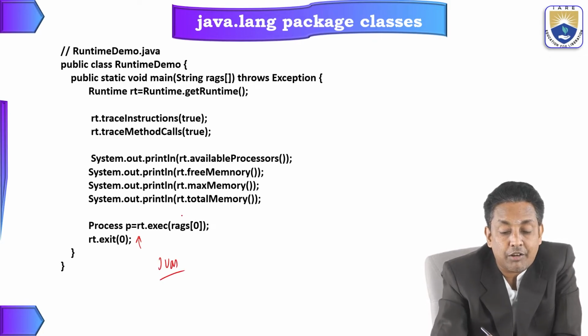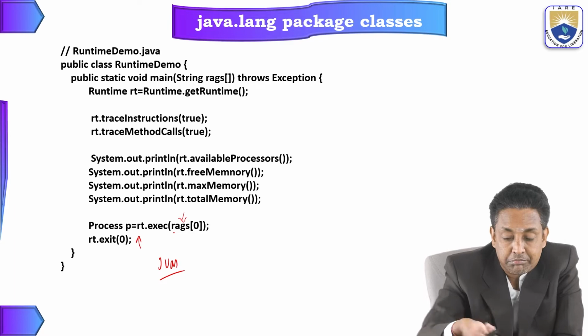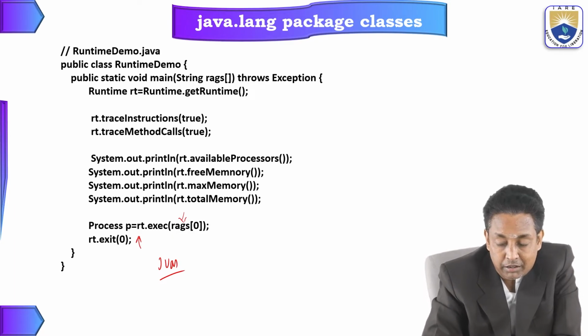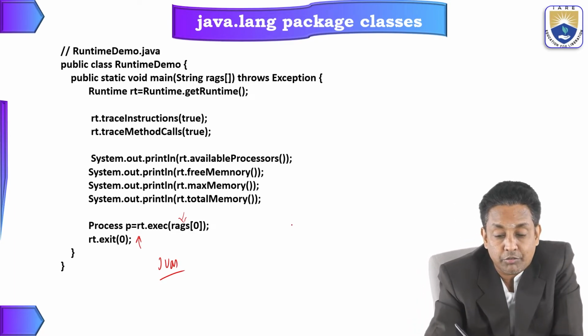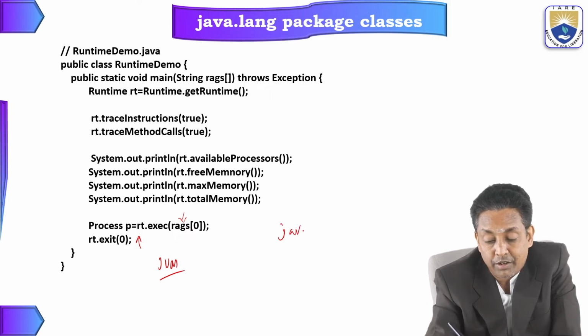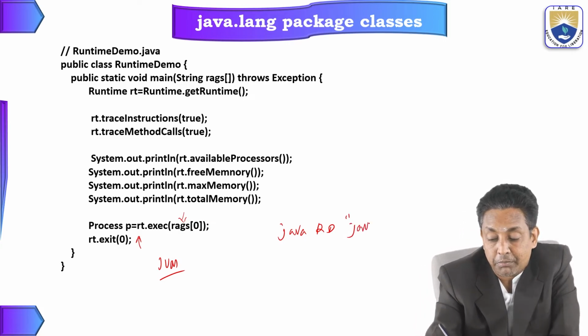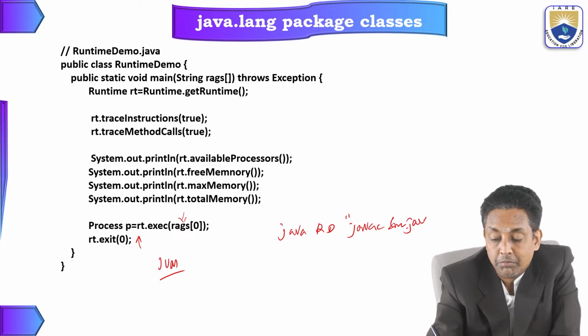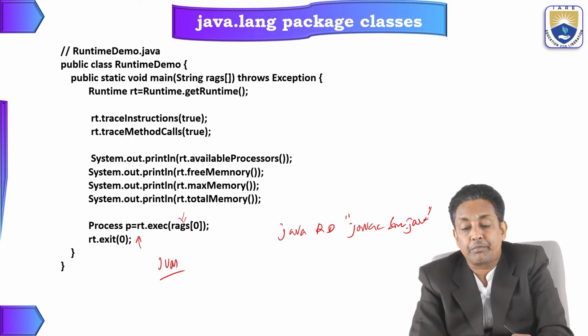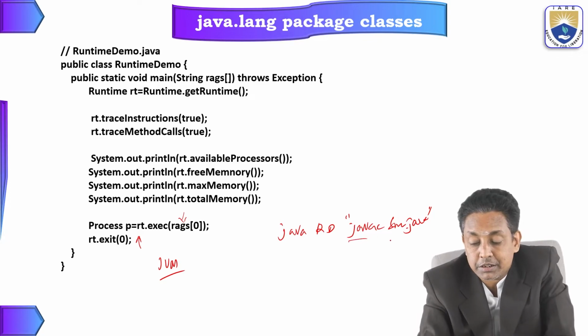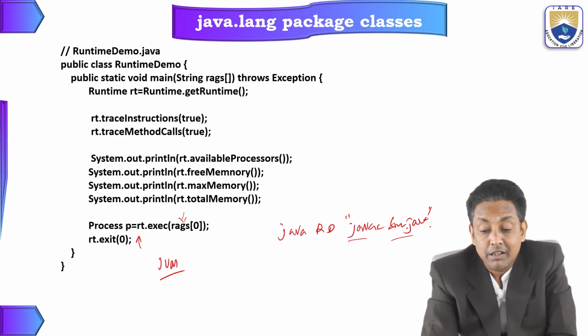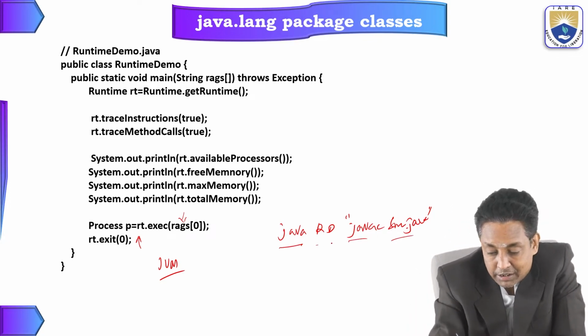This exec of any executable file, if you give us an argument. For example, while running the program RuntimeDemo, and for any Java program, if you want to compile, javac some file name .java, javac space some file name, and java RuntimeDemo, this class name.